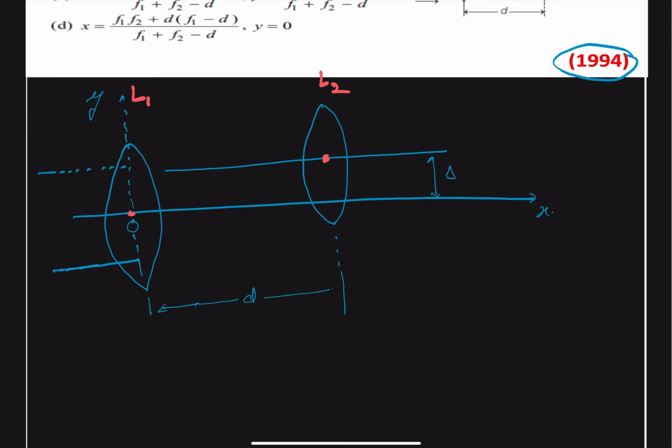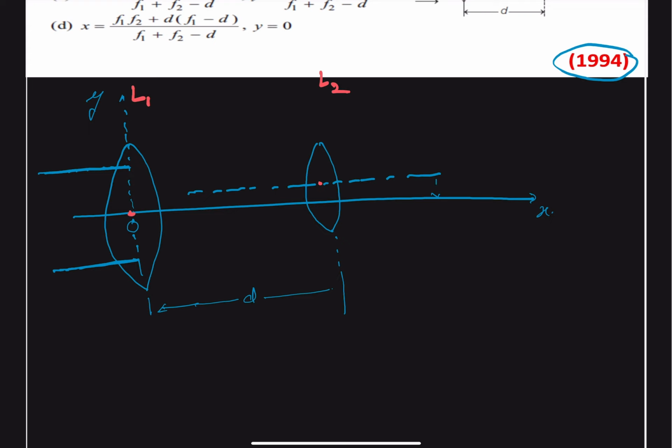Let us draw these two rays, and let me draw this lens a little bit smaller, because otherwise the figure won't come out well. So it is focused somewhere, and this will be its principal axis, and we have a distance.